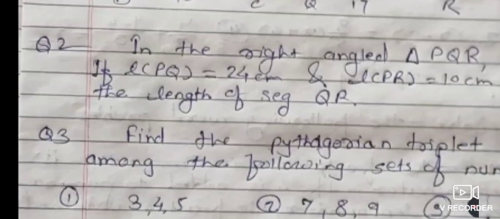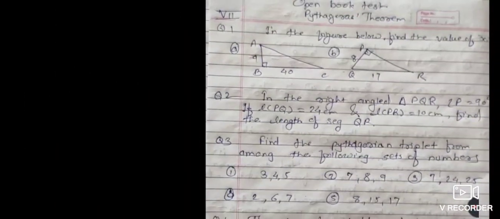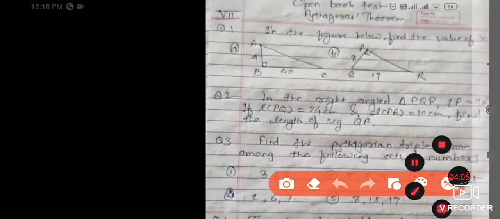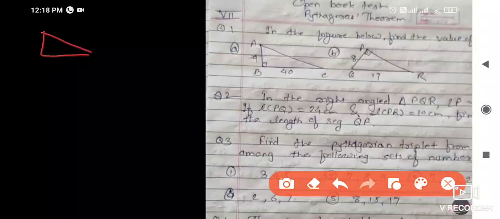Now the next question is: in a right angle triangle PQR, angle P is equal to 90 degrees. First of all, let's draw the figure. This is our triangle PQR.